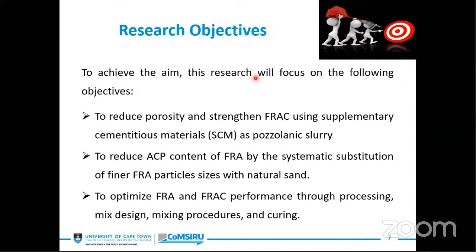Secondly, we would like to reduce the overall ACP content of fine recycled aggregate by systematic substitution of the finer FRA particle sizes with natural sand. We also hope to optimize fine recycled aggregate and fine recycled aggregate concrete performance through processing, mix design procedures, and curing.